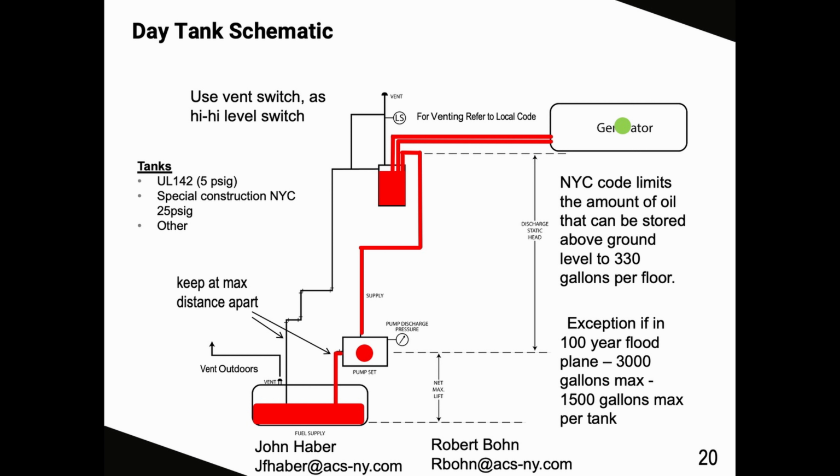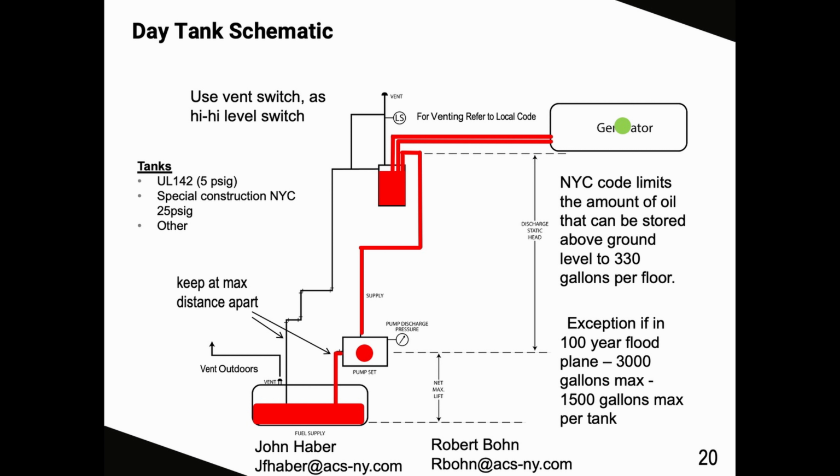And UL 142 rated tanks are maximum 5 psi static pressure rated. However, the New York City alternate tank design is rated for 25 psi minimum. The New York City tank design allows the vent lines to be extended further and higher in elevation.